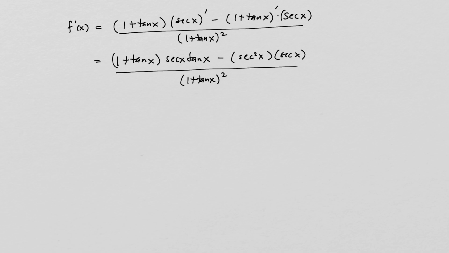So in the numerator here, we can multiply this out. 1 times secant tangent is going to be secant tangent. And then we have tangent times secant tangent, which will be, first of all, positive, and then secant x tangent squared x, and then minus secant squared times secant is secant cubed.